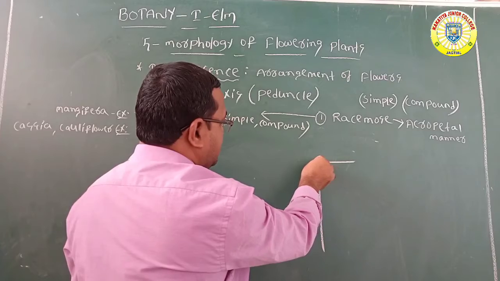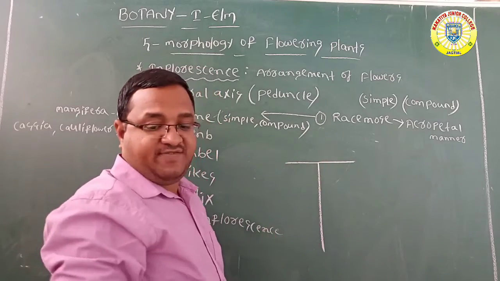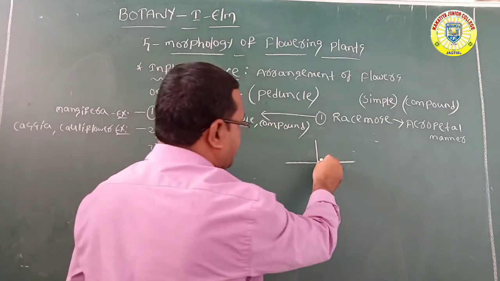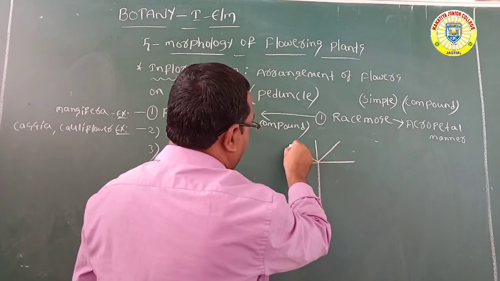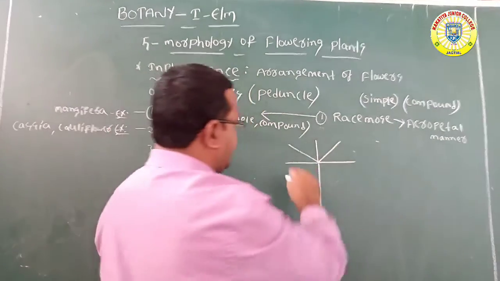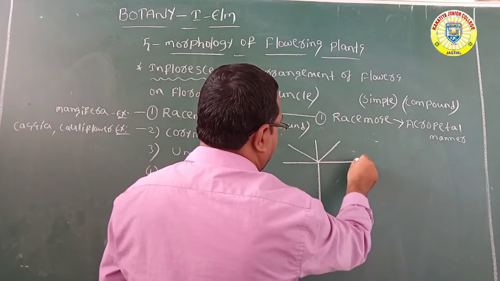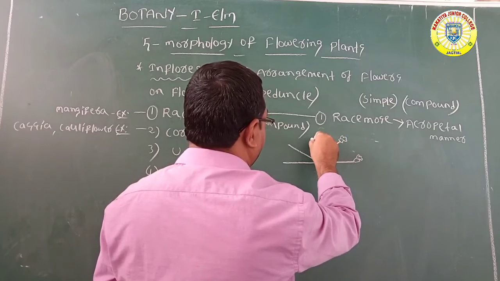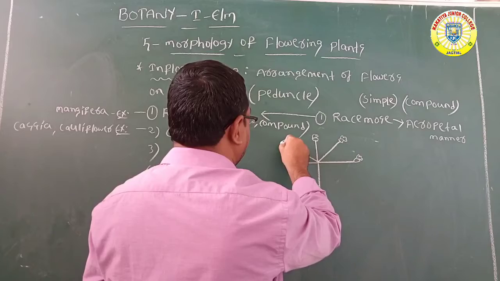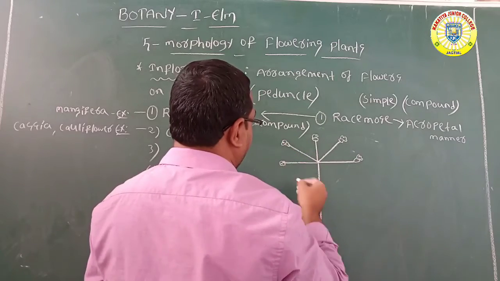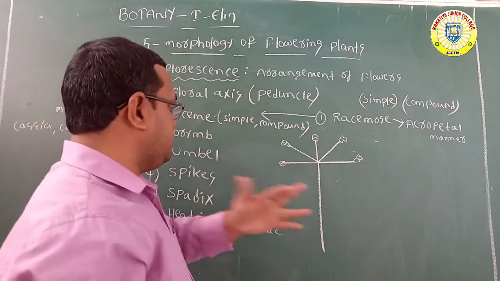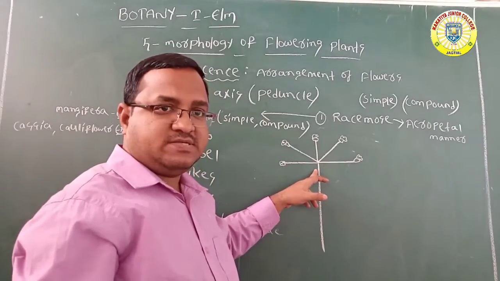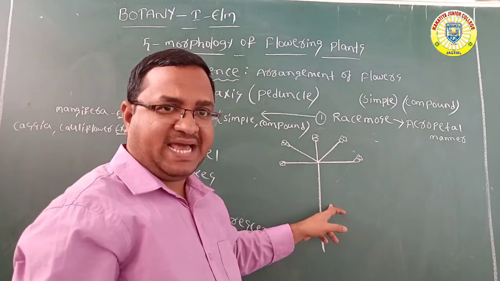All flowers are arranged at the end of the floral axis, at one point only. So this is nothing but umbel. All flowers are arranged at the same point of the floral axis, the peduncle.